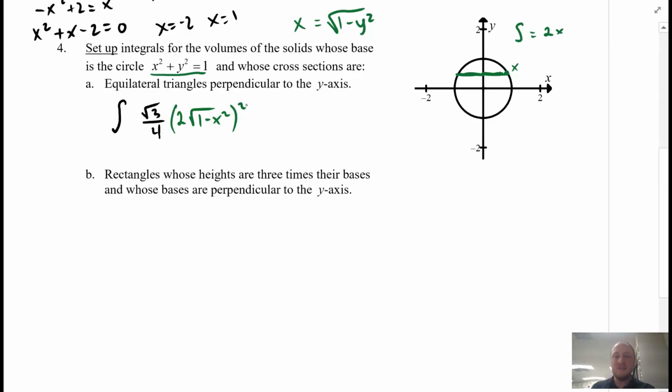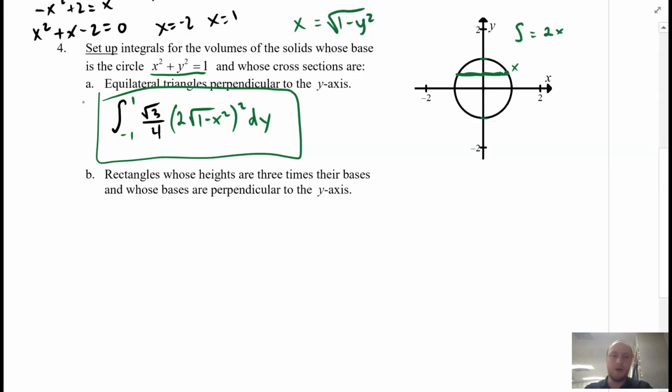Notice this is perpendicular with the y-axis, so we are going to integrate with respect to dy. Now, as far as limits go, this is a circle that has a radius of 1, and you can kind of see that, right? So my limits are negative 1 to 1. And there you have it. That's it.